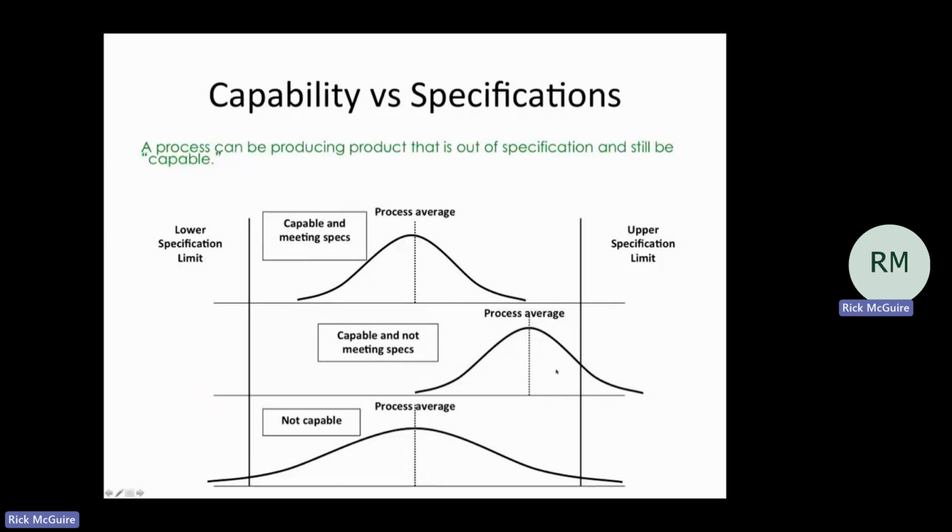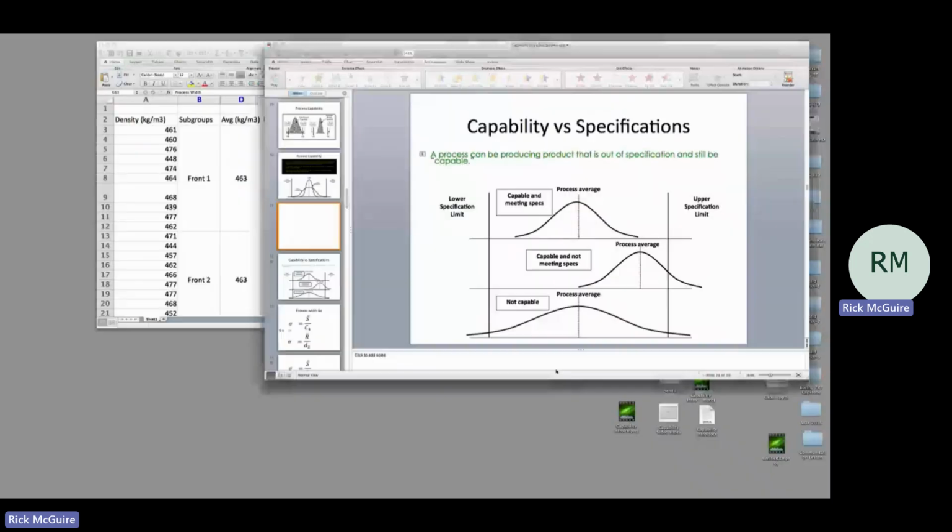However, in the second example, everything indicates that it's okay. My Cp value says that it's okay, but it is not always meeting specifications. The solution to the challenge with this weakness of the Cp value is to calculate a new value called the Cpk.